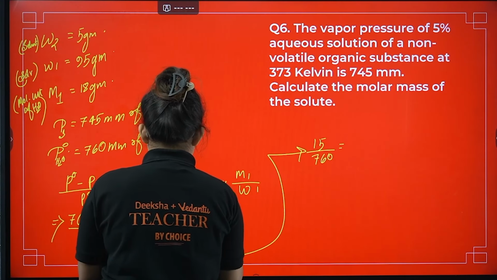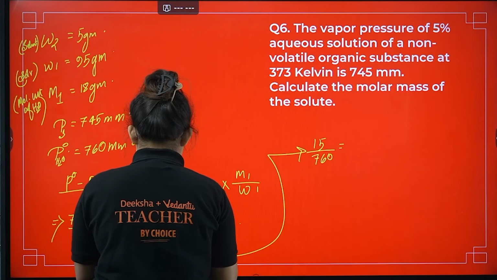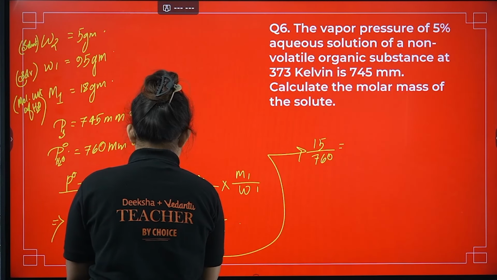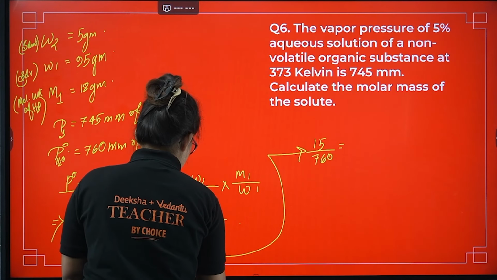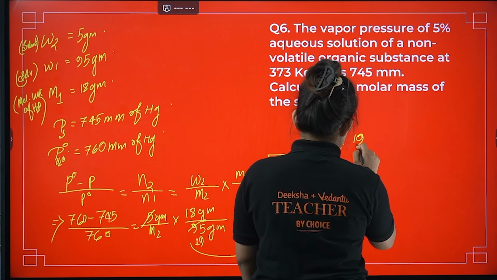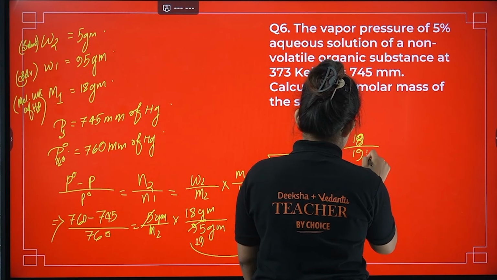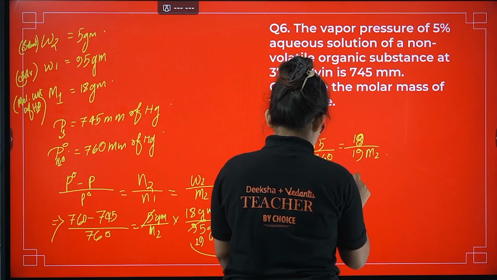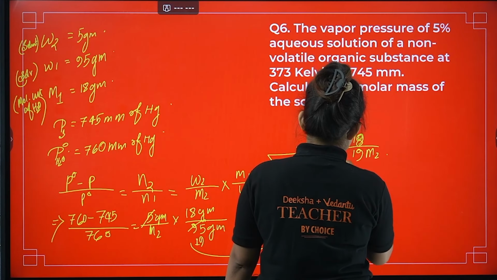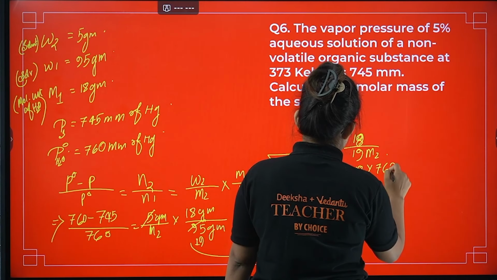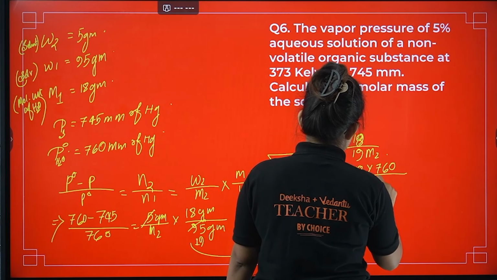If I cross-multiply, 18 by 19 M2, so M2 is 18 into 760 divided by 15.